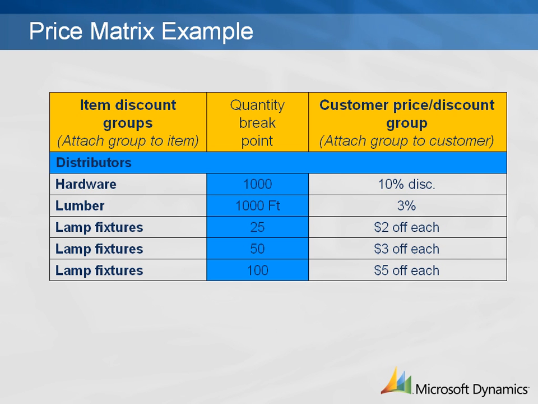This will define the item multi-line discount group. In this example, we are granting discounts on hardware, lumber, and lamp fixtures. Determine a quantity that must be purchased before the multi-line discount will be applied. Establish a discount for each combination, and now we are ready to set up the discount groups in Microsoft Dynamics AX.